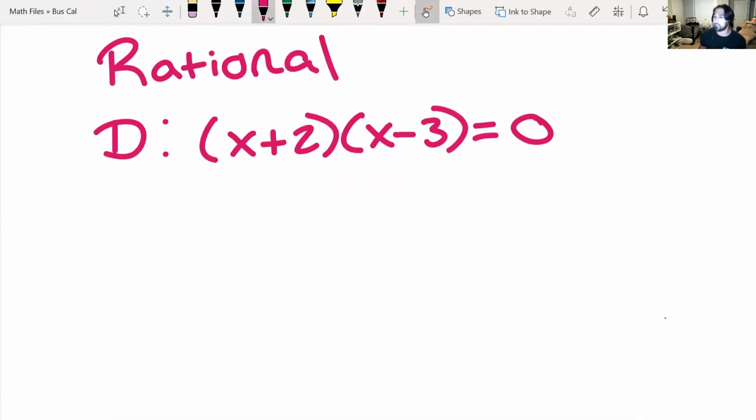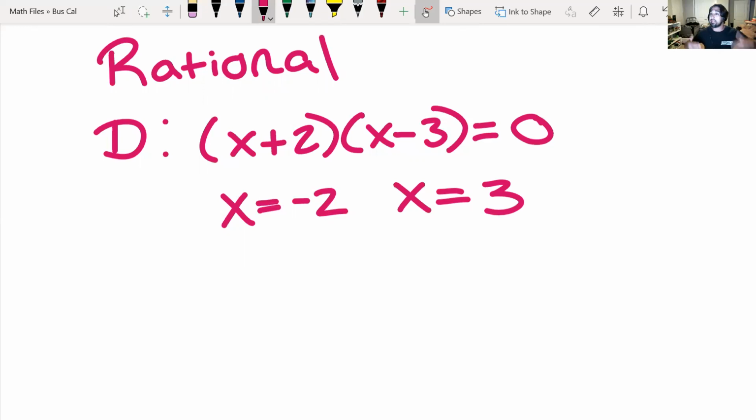If we set this equal to 0 and solve for x, you'll get x equals -2 and x equals 3. But since this is rational, x cannot be equal to these values because they'll make the denominator 0, which will then make the function undefined.